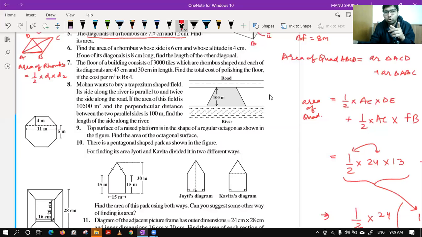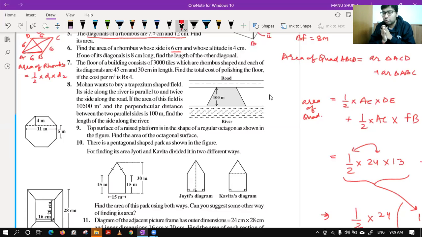I will use the same figure for question number 6 also. It is saying find the area of rhombus whose side is 6 centimeter. I have told you one thing: a rhombus is a parallelogram with all sides equal. So can we say this is 6, this is 6, this is 6, and this is 6?